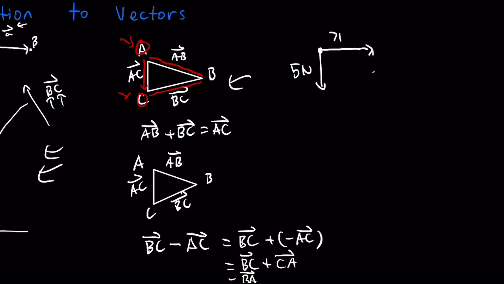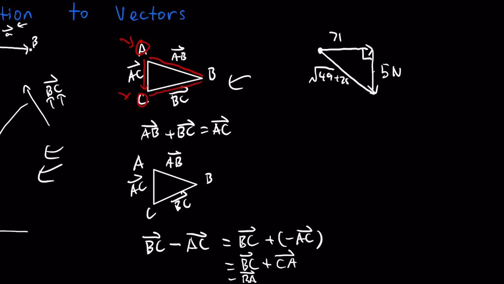And now this would be 5 newtons over here, and this would be our resulting vector. And since this is a right angle, we can easily use trigonometry to find the magnitude, which would be the square root of 49 plus 25.